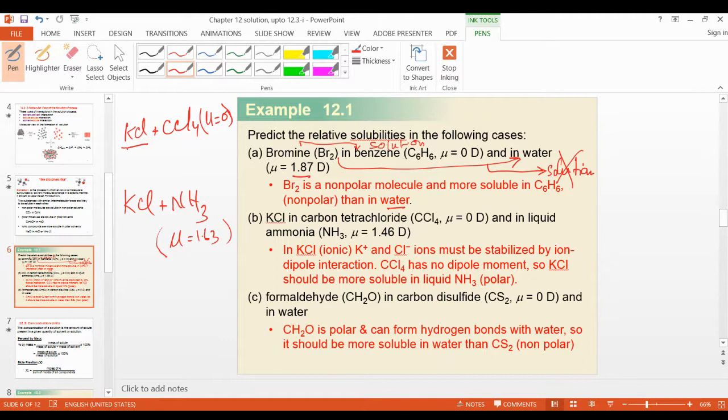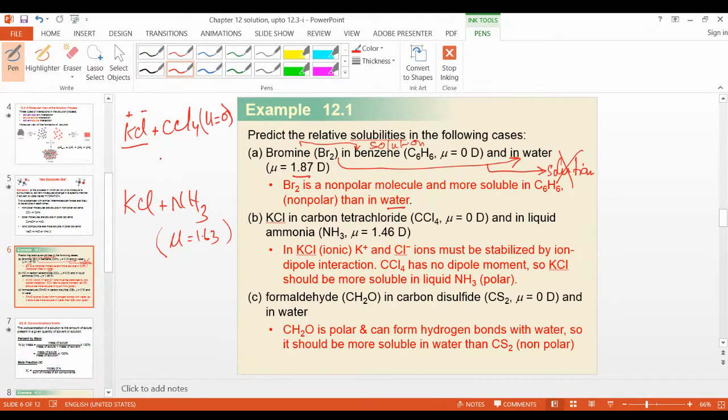This is sodium chloride or potassium chloride, metal and non-metal, always polar. This is positive charge, this is negative charge, this is a polar molecule, it has a dipole moment. For an ionic compound, no need to give the dipole moment. Automatically, the dipole moment is greater than 0.